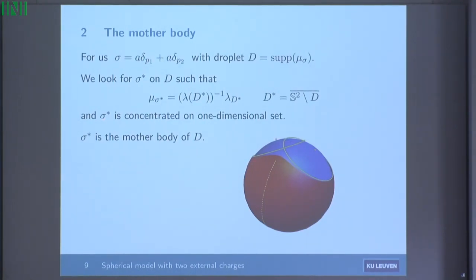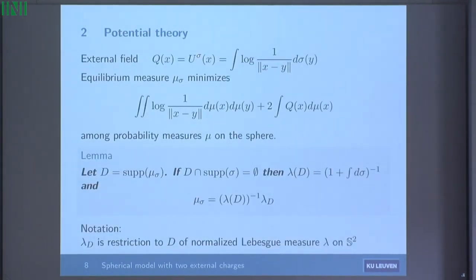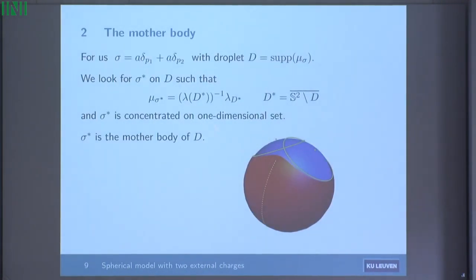If we start from this sigma star and do the same equilibrium problem, meaning you start with the potential of sigma star and you minimize, and so on, then because this measure is supposed to be highly concentrated, the corresponding equilibrium measure is also the Lebesgue measure on a subset, D star, and we look for it in such a way that the support of this other equilibrium measure is the complement.